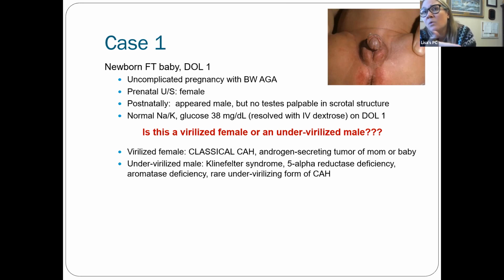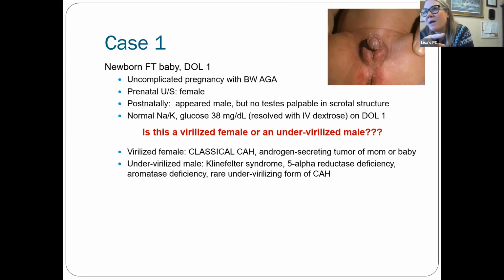If I'm thinking more under-virilized male, then there's different things that I'm not going to get into. This is a whole other lecture, but things like Klinefelter syndrome, 5-alpha reductase deficiency. So remember, 5-alpha reductase converts testosterone to dihydrotestosterone. Aromatase deficiency, aromatase converts testosterone to estrogen. And then there are some rare under-virilizing forms of CAH.